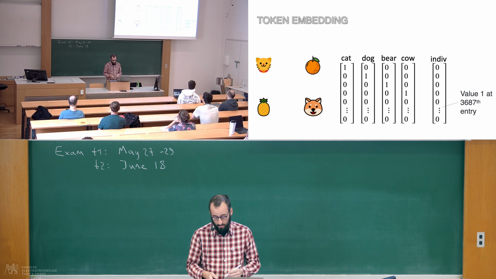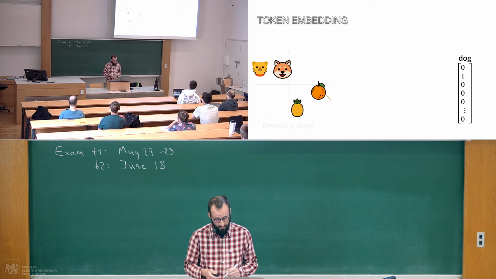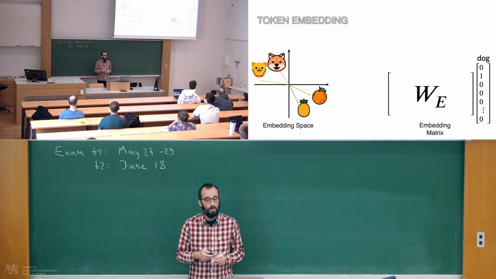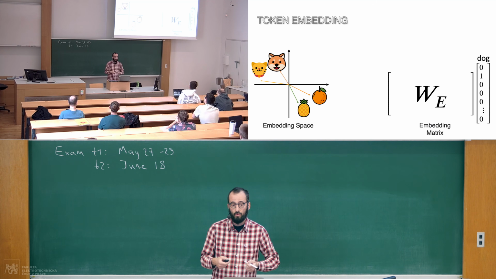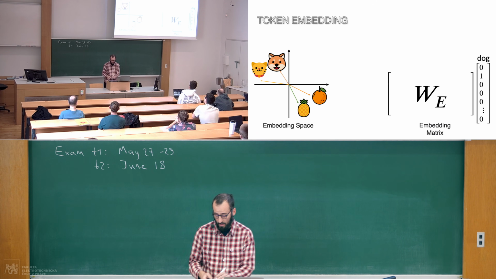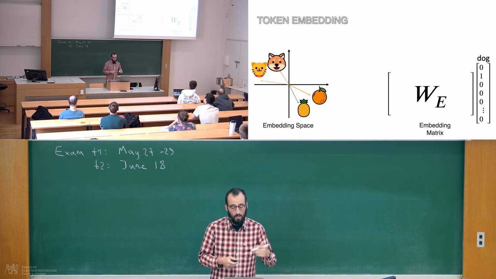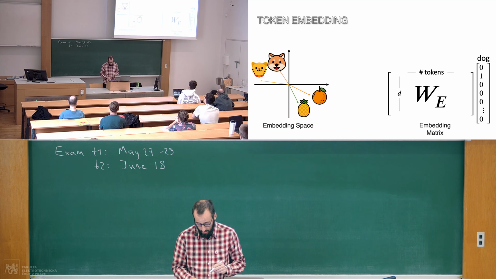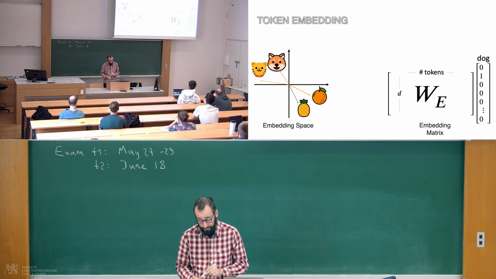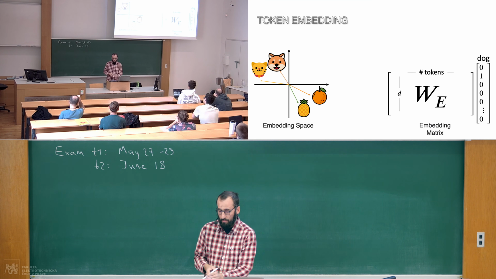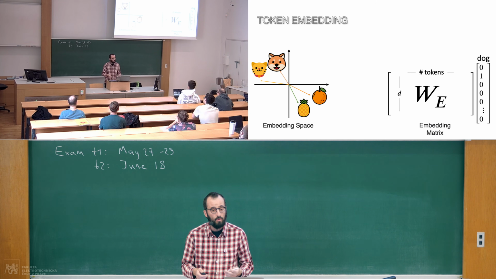And that's what we're going to achieve with actually learning a representation for each of these words. Here we can represent this by an embedding matrix. It's one embedding per word. This embedding matrix has d rows, which is the dimensionality of the embeddings, and the number of columns is equal to the number of tokens.